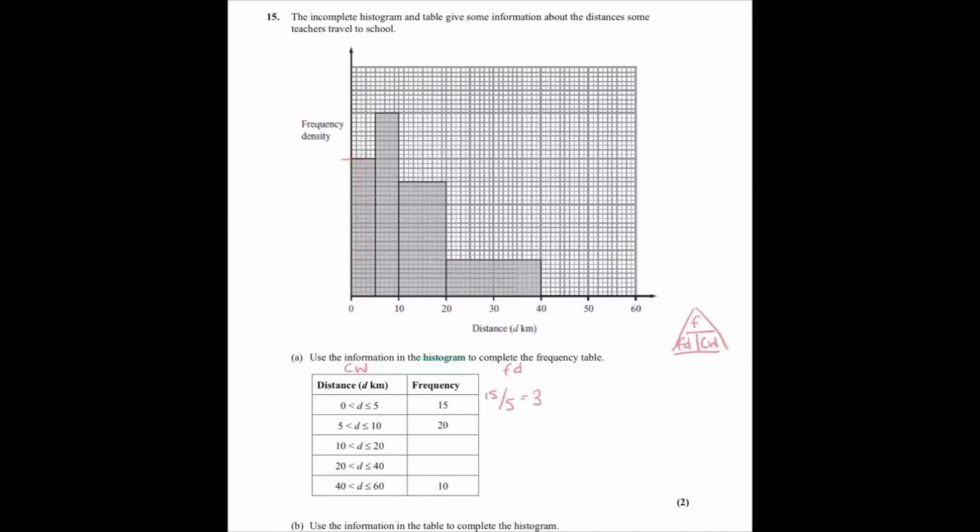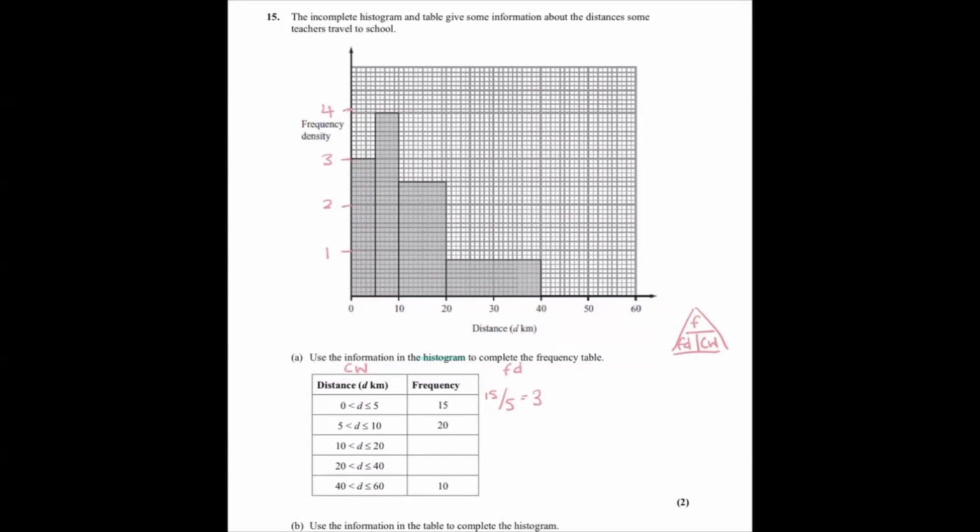And once I've got that, I can see what the scale is, and I can add in all those additional numbers. I've got to use the information in the histogram to complete the table and eventually complete the histogram itself.